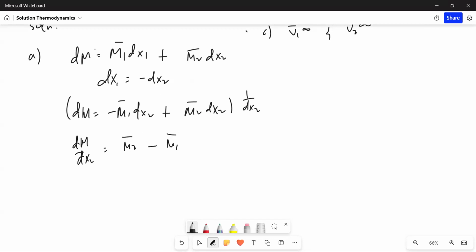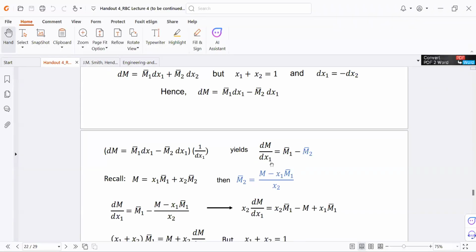So it looks similar to our earlier equation, but the equation that we're deriving right now is in terms of dx2.